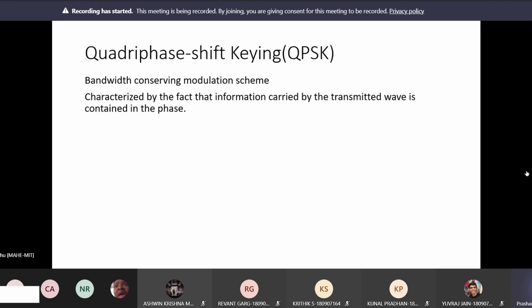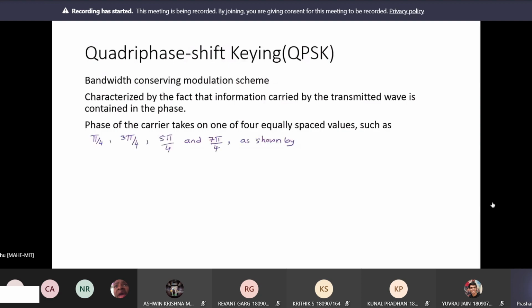Now information we are going to place in the phase of the carrier. How can we place this information in the carrier? We can place it in phase values equally spaced: pi by 4 is one combination, 3 pi by 4 another, 5 pi by 4 the third, and 7 pi by 4 is another phase. So we are going to place these in quadriphase, 2 bits at a time. 2 bits at a time in the sense what?